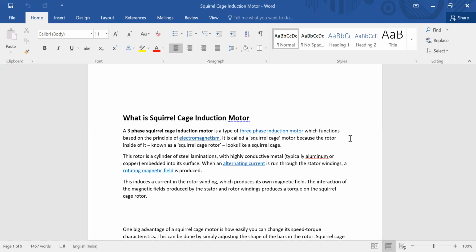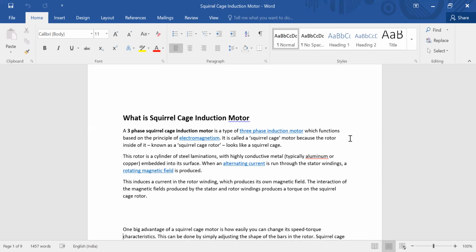This type of three-phase induction motor functions based on electromagnetism, because both the electric effect and the magnetic effect come into play. Similarly, in a DC generator, whenever the conductor rotates in a magnetic field, EMF is induced.